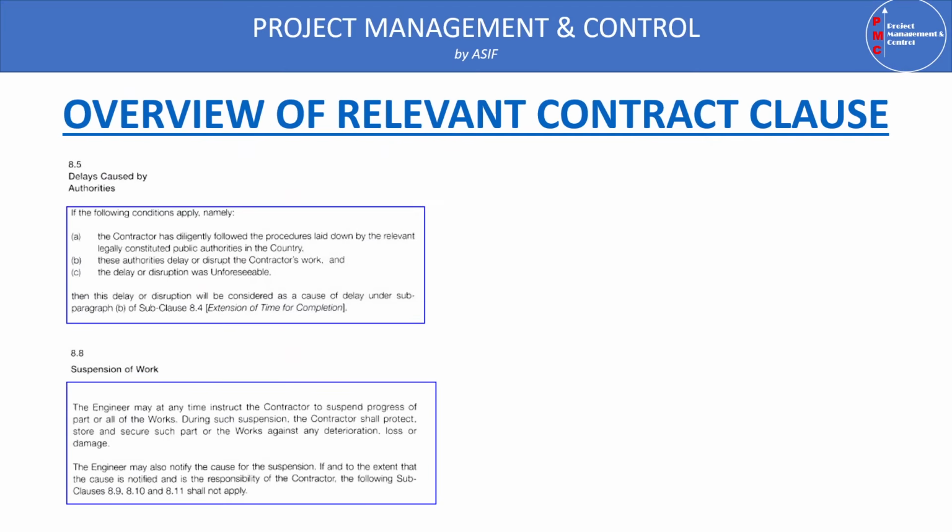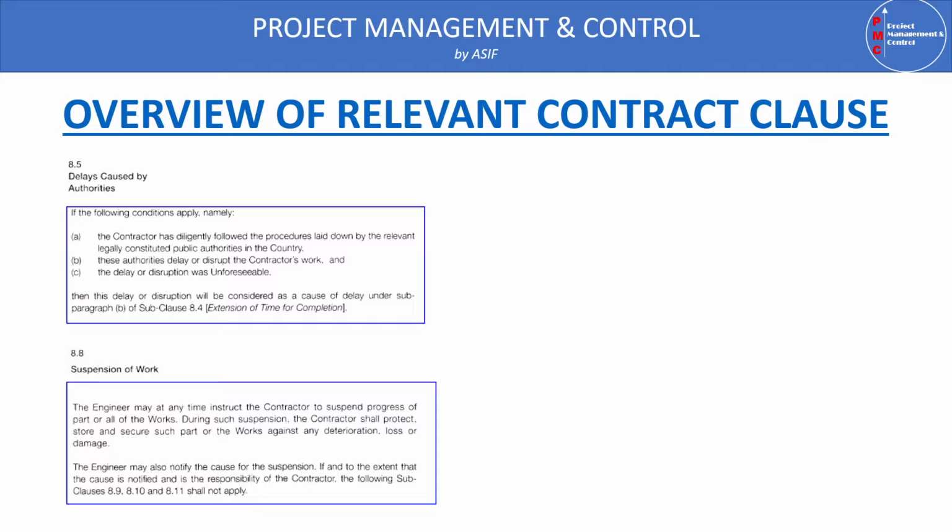The other clause is 8.5, which is delay caused by authorities. This subclause states that if the following conditions apply: the contractor has diligently followed the procedures laid down by the relevant legally constituted public authorities in the country, these authorities delay or disrupt the contractor's work, and the delay or disruption was unforeseeable, then the delay or disruption will be considered as a cause of delay under subclause 8.4B.